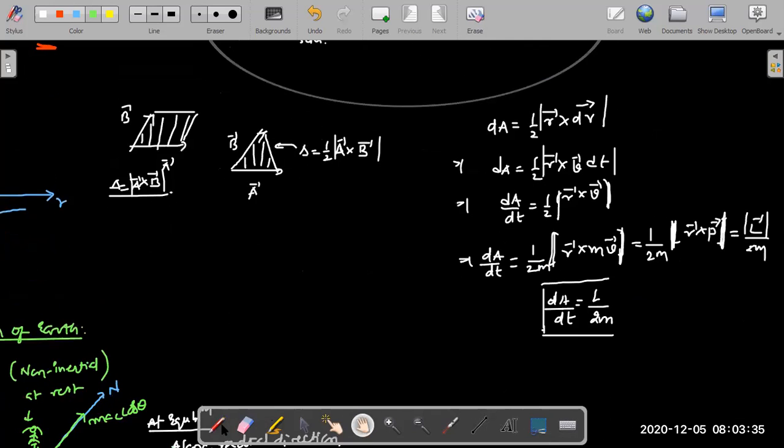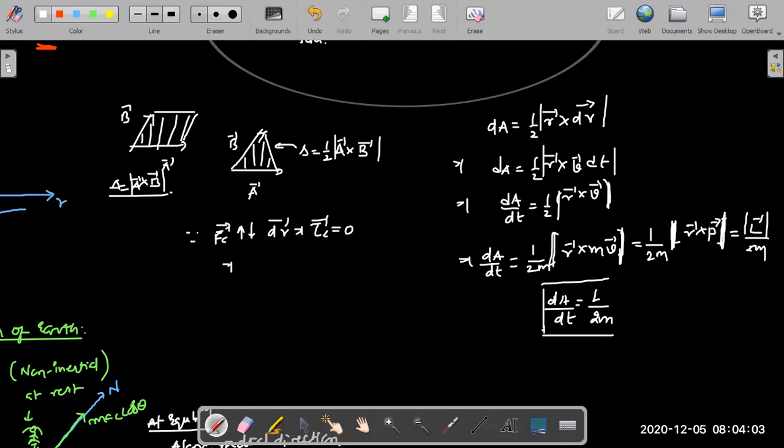So what can you say, that since centripetal force is along the radius, clear? Since Fc bar is anti-parallel to r bar, torque due to centripetal force will be how much?